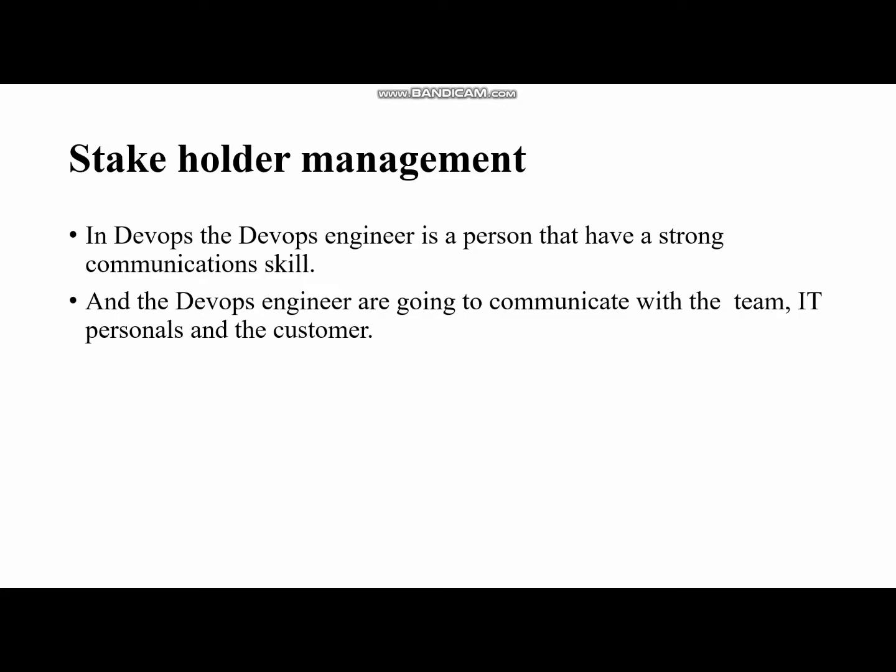So, stakeholder management. In DevOps, the DevOps engineer is a person with strong communication skills, and the DevOps engineer is going to communicate with the team, IT personnel, and the customer. So the question arises: how can we consider the stakeholders for DevOps?